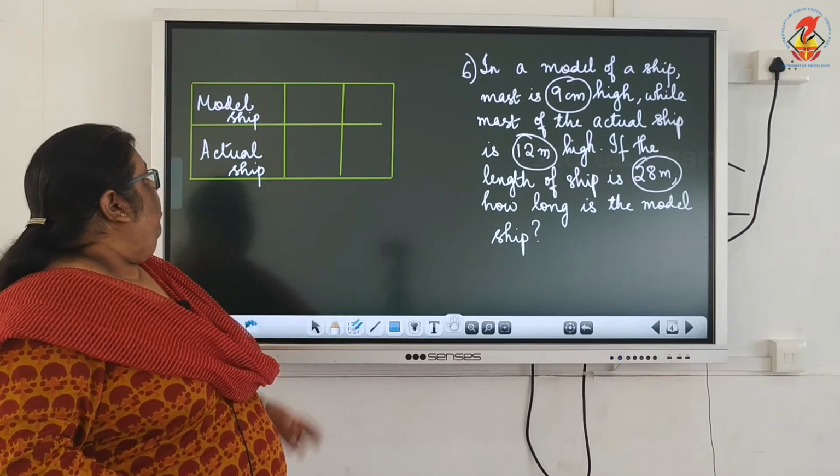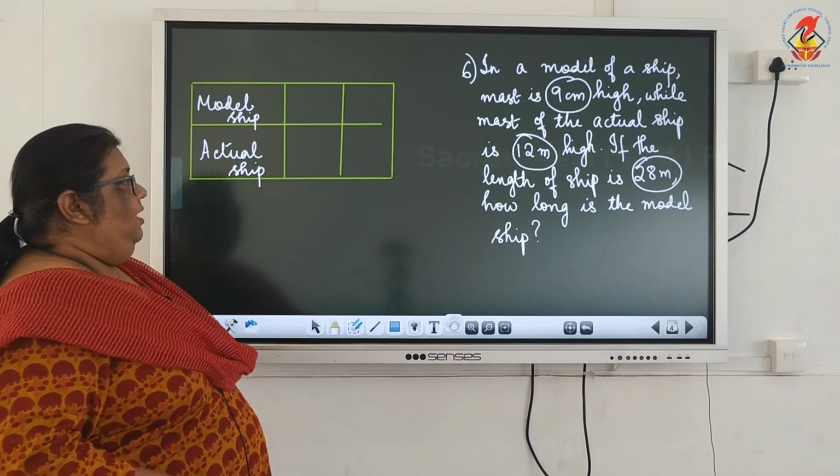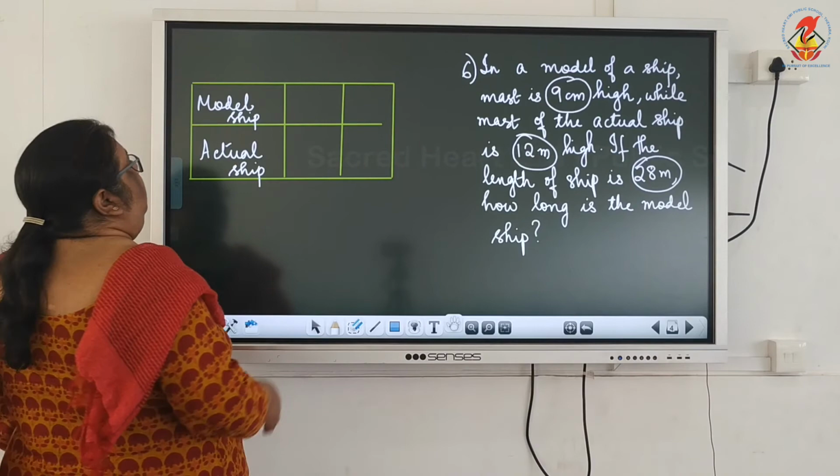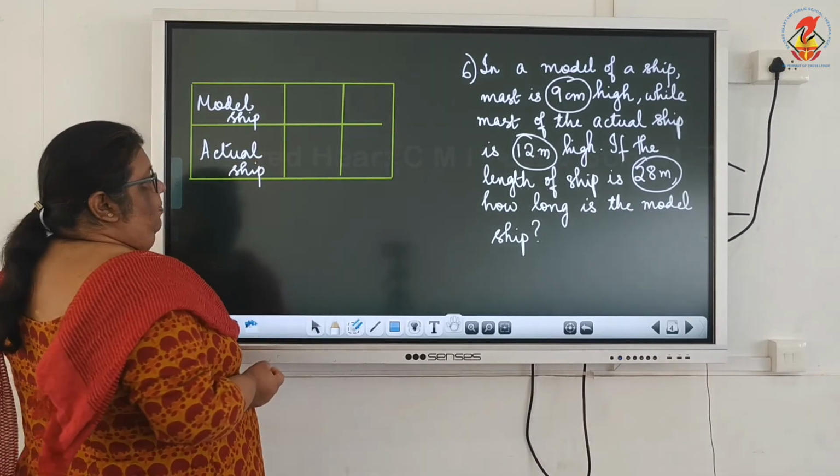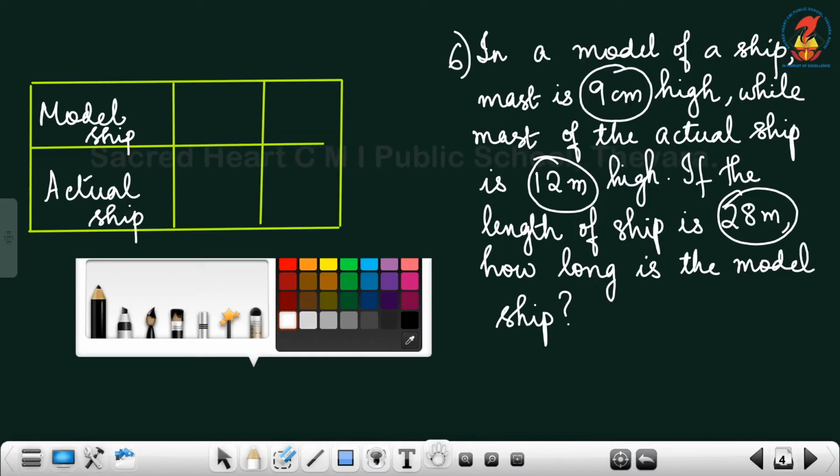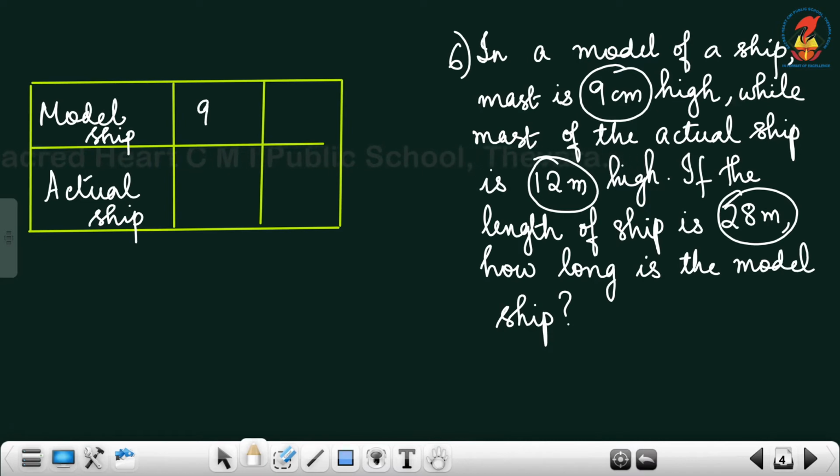Again, we can draw a table and write down what all things are given. Model ship and actual ship. The mast is 9 centimeter long, while the mast of the actual ship is 12 meter. If the length of the ship is 28 meter, we need to find the length of the model ship.